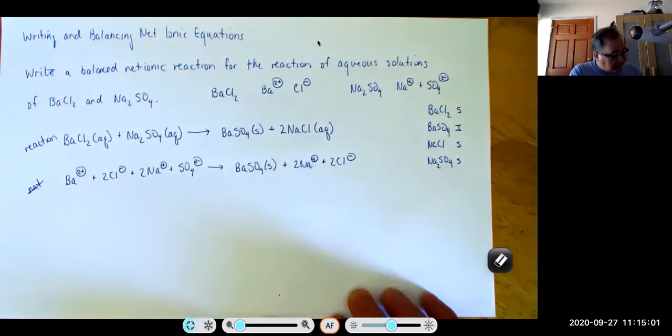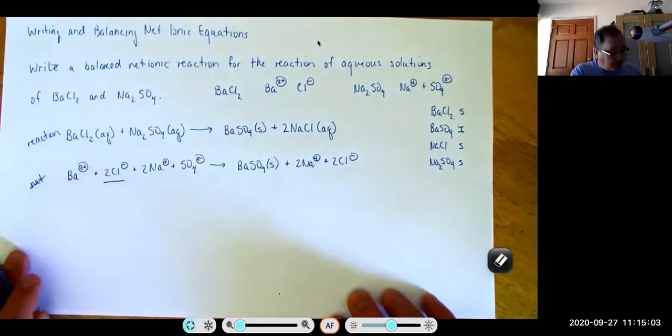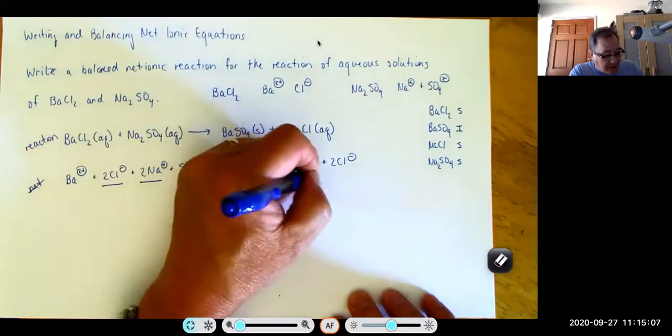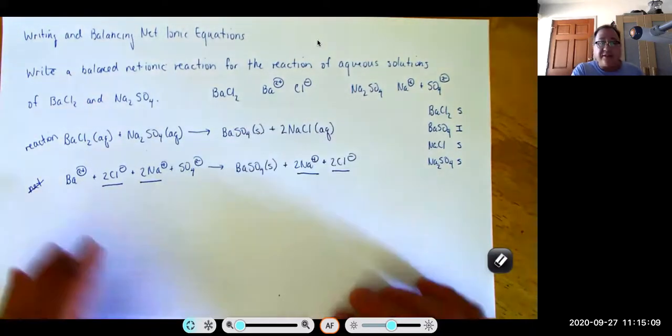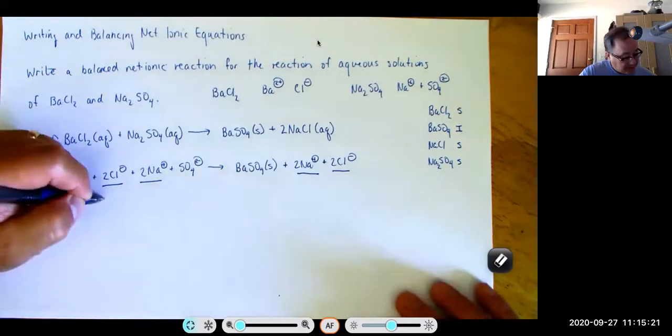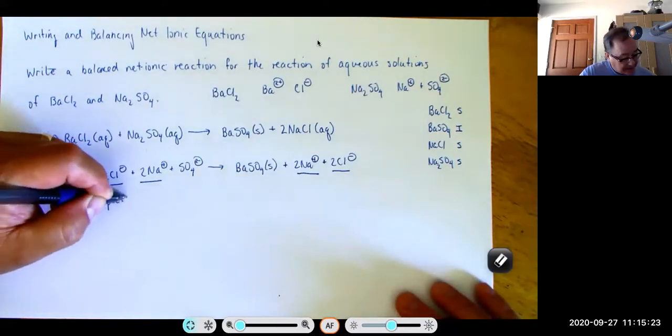Okay, if you notice on the left, we have these two chloride ions and these two sodium ions. And on the right, we have these. They're exactly the same before and after. They're not bonded to anything. There's 2 of each. What are they doing in the reaction? And the answer is they're just hanging around, watching what's going on. These are called spectator ions, and I'd like you to know that.